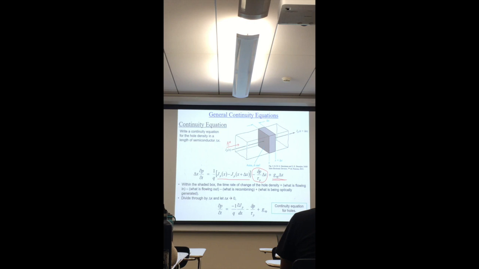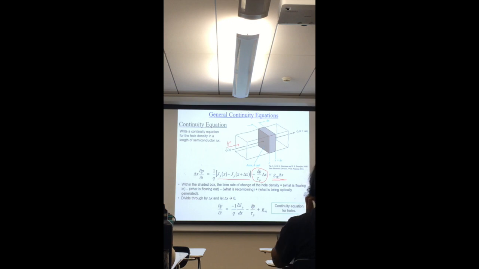So to summarize this equation, within this shaded box, the time rate of change of the hole density equals what is flowing in, minus what is flowing out, minus what is recombining, plus what is being optically generated.